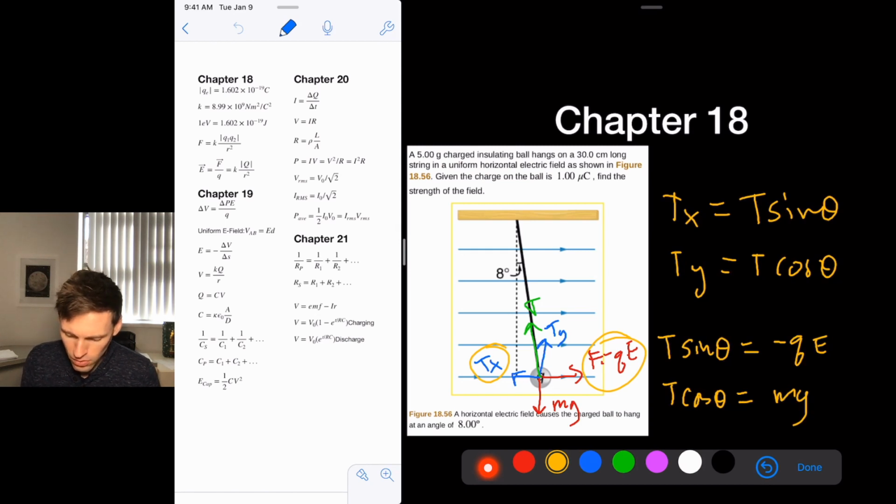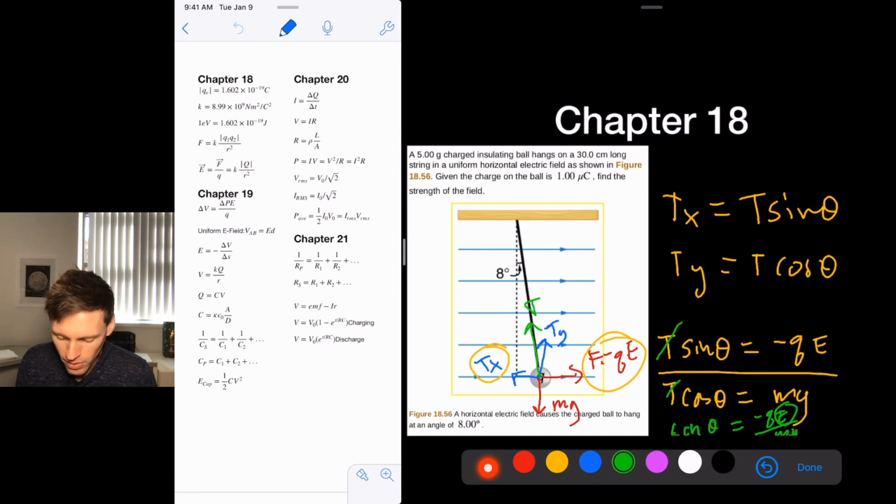If we divide these two equations, the tension cancels out. You have sine over cosine, which is the tangent of the angle, equal to QE over mg, and you can just solve for E.